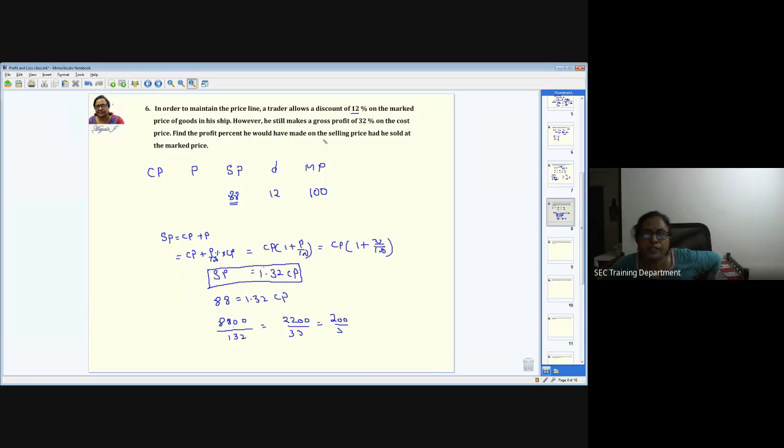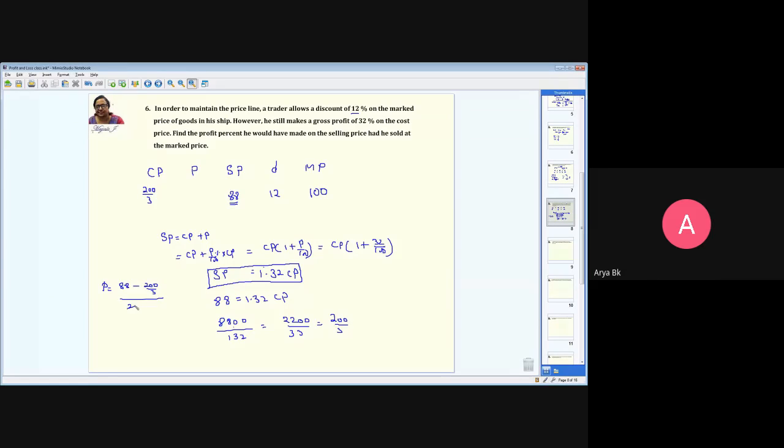Find the profit percentage. His cost price is 200 by 3 and selling price is 88. Profit percentage is nothing but selling price minus cost price divided by cost price into 100.